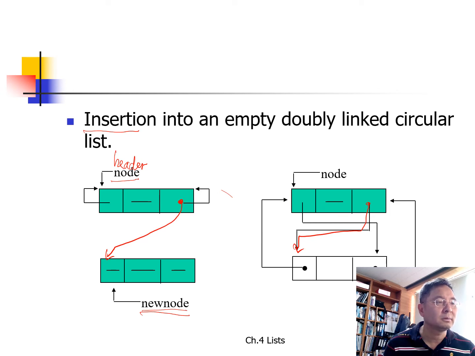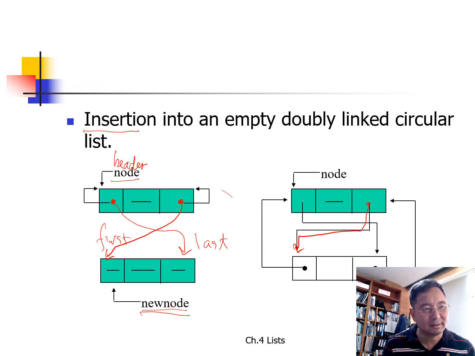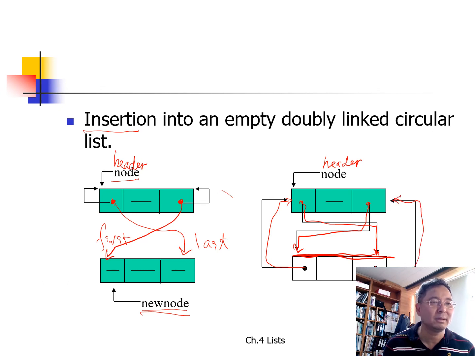And there is only one node here. That means the left link field of the header node points to the last node. This is the first, and this is the last. So this will point to the last node, but it is the same address. And also the left link field of the new node will point to the header node. And the right link will point to the header node also, because this is the only node in this list.